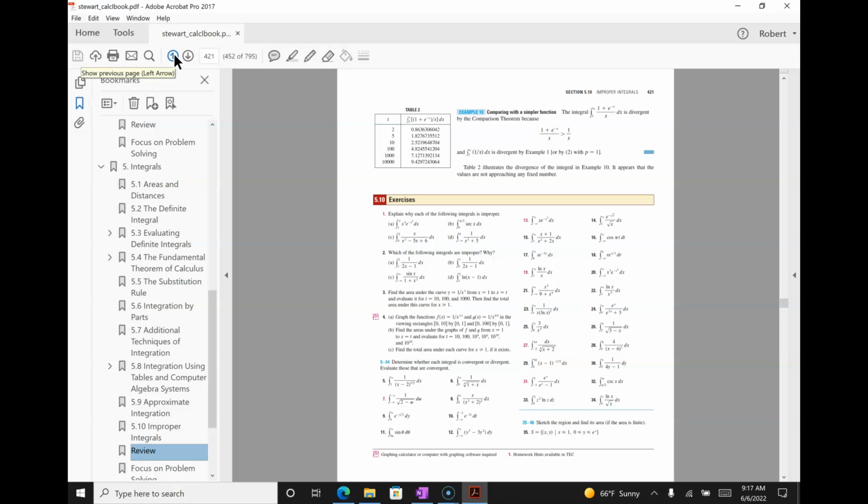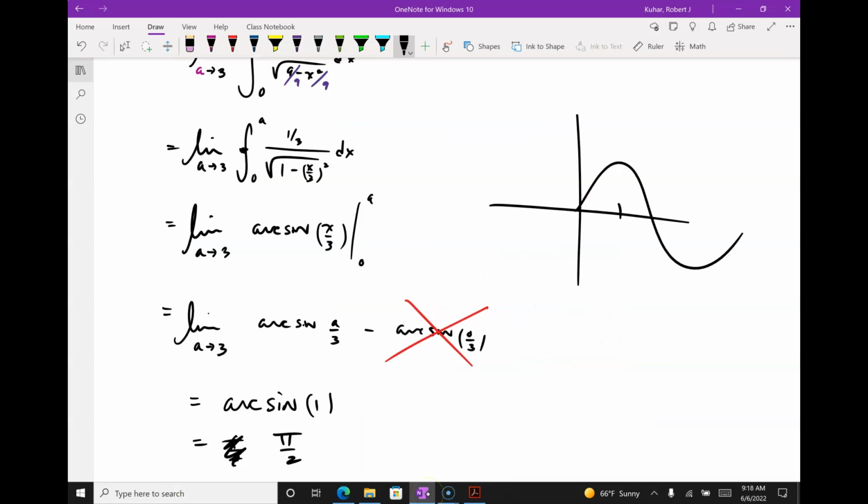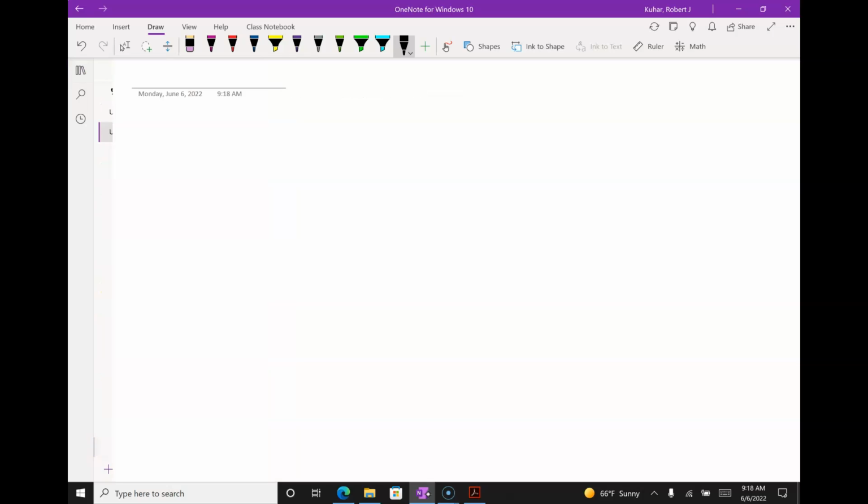All right, let's see if I'll do 13 in the book. I think this one needs the trick. I don't remember. x e to the minus x squared. This is kind of like 13.